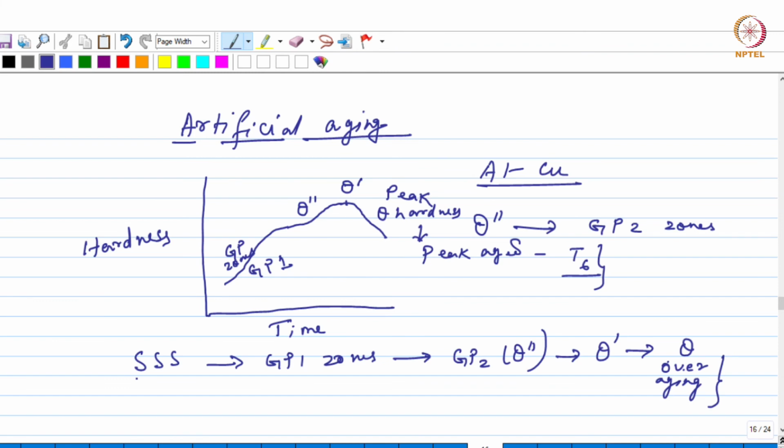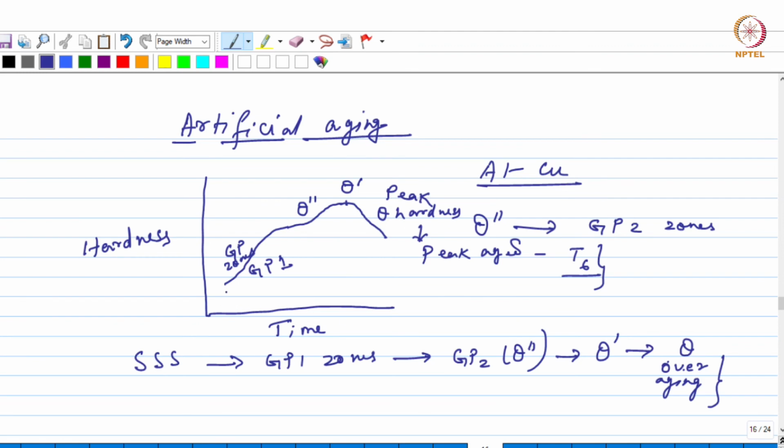It starts from the supersaturated solid solution, then as you age it, GP1 zones will form first, and then the GP2 or the theta double prime forms, and after that the theta prime precipitate forms, and beyond that, if you overage, then the equilibrium phase theta forms.